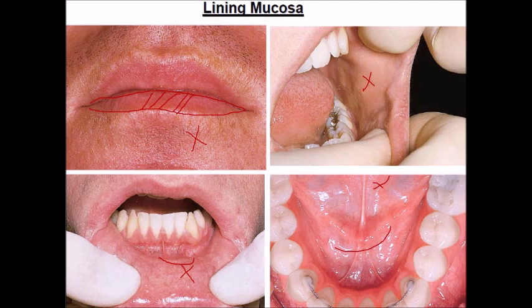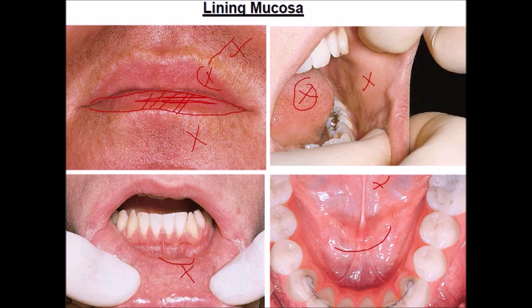The keratinized are the tongue and the vermilion border, also called the transitional zone, because we have the skin, the transitional zone, then the oral mucosa. The skin is keratinized epithelium, the vermilion border keratinized, the oral mucosa non-keratinized epithelium.